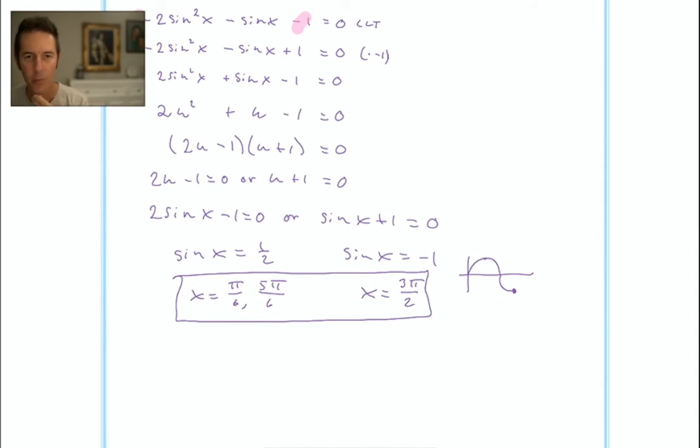So a different starting point, a different first half of the process with some substitution thanks to the Pythagorean identity, and then after that, the process was the same as it was in a previous problem.